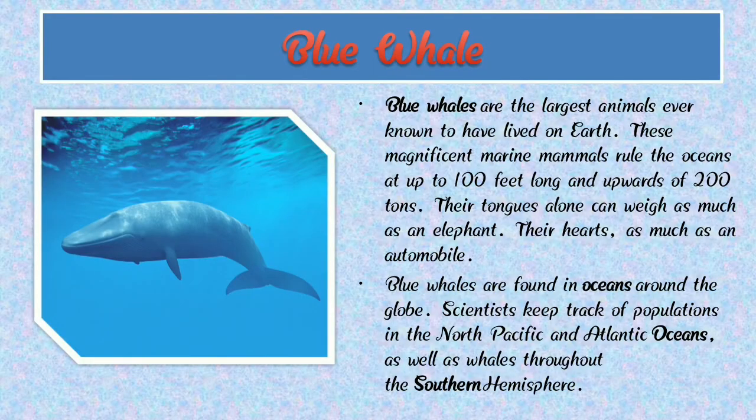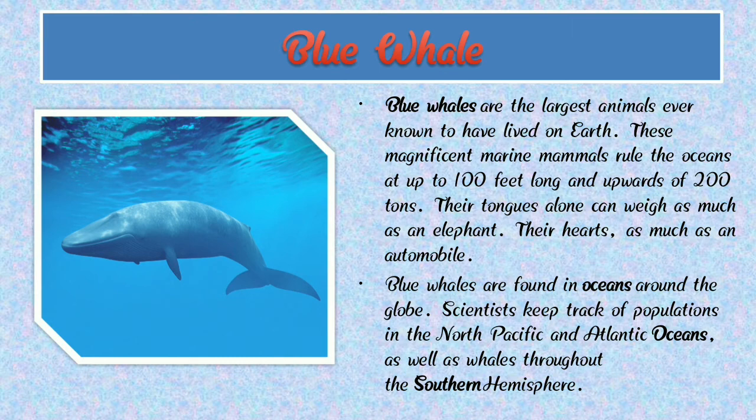So now next, blue whale. So here we can see a blue whale. Blue whales are the largest animal ever known to have lived on earth. These magnificent marine mammals rule the oceans at up to 100 feet long and upwards of 200 tons.